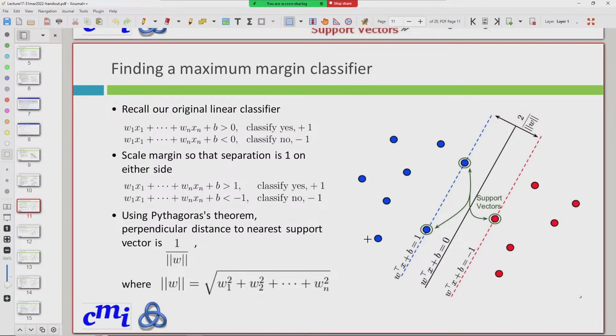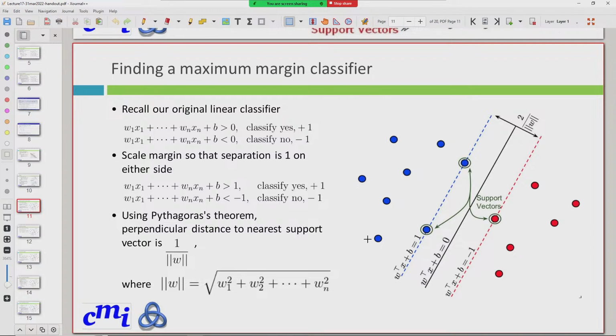So, these points in your data set, assuming some exist, are such that this dot product evaluates to 1 for them or minus 1 for them. Remember, your data points are vectors in some vector space, right. So, these points will be called support vectors, okay.